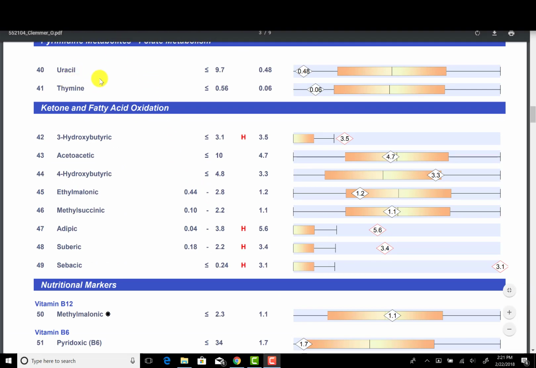So we have folate markers. Folic acid, see if you are producing enough of that, and she's fine there. So again, back down to ketone fatty acids. So when I was talking about producing energy in the mitochondria, you can see here her fatty acid oxidation. When she runs out of glucose or blood sugar, she goes to burning fat for energy.